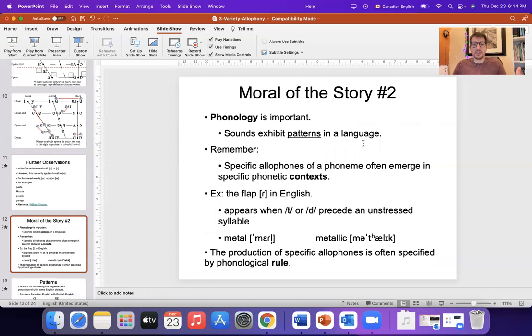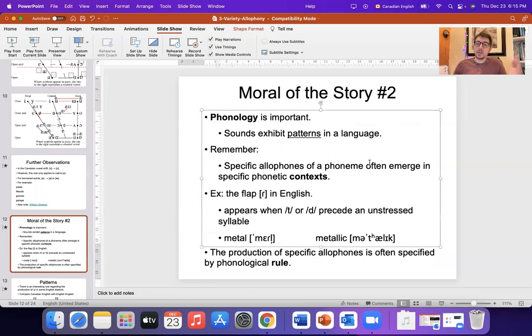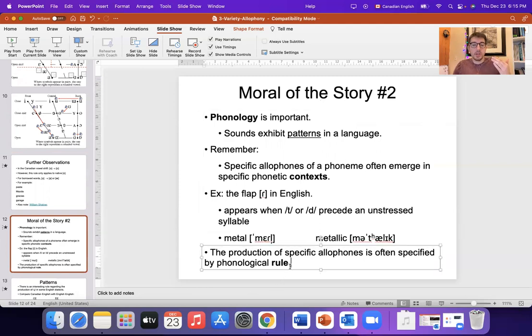Sounds exhibit patterns in a language. Specific allophones of a phoneme often emerge in specific phonetic contexts. For example, the flap in English appears when t or d precede an unstressed syllable, and that's how the phonology is guided. The production of specific allophones is governed by phonological rules.